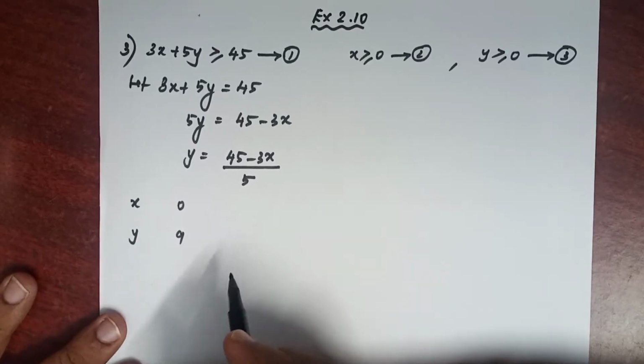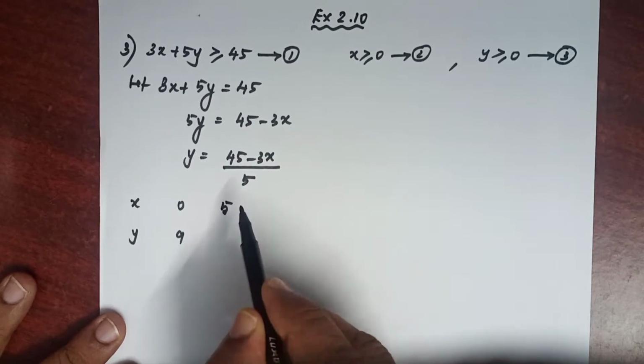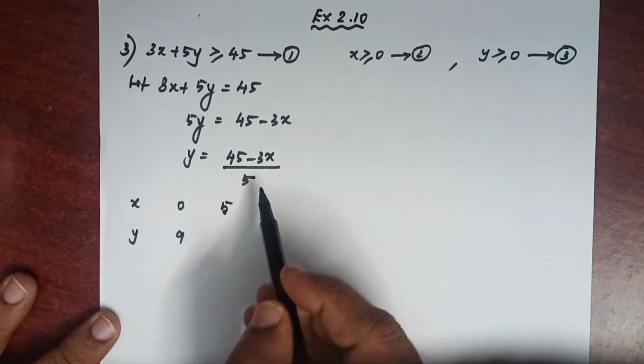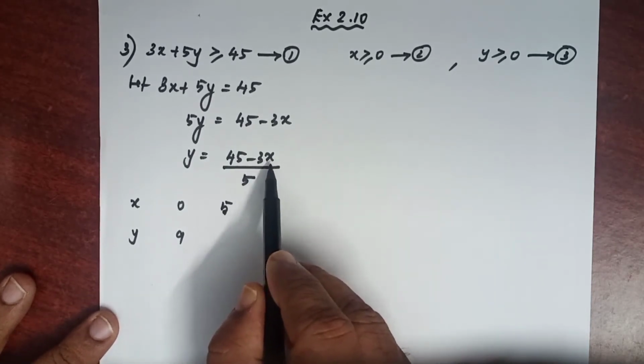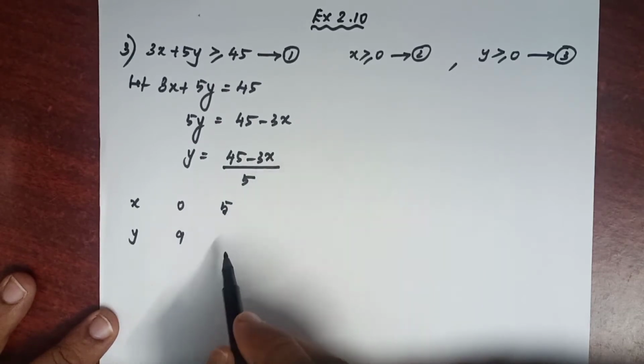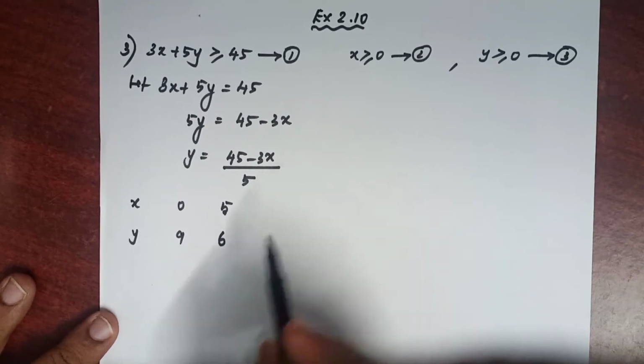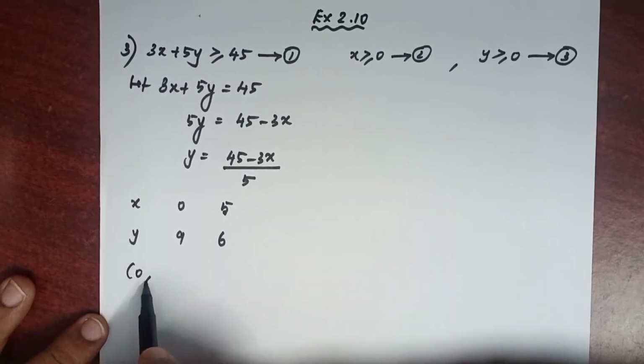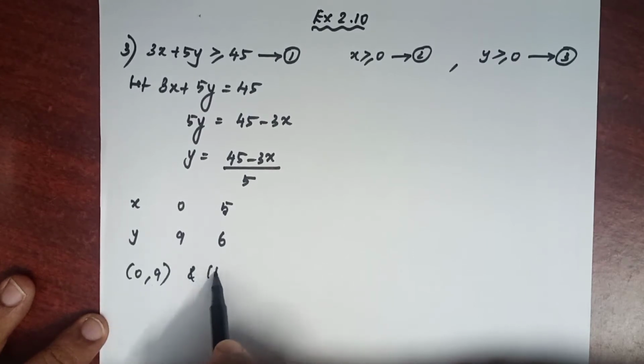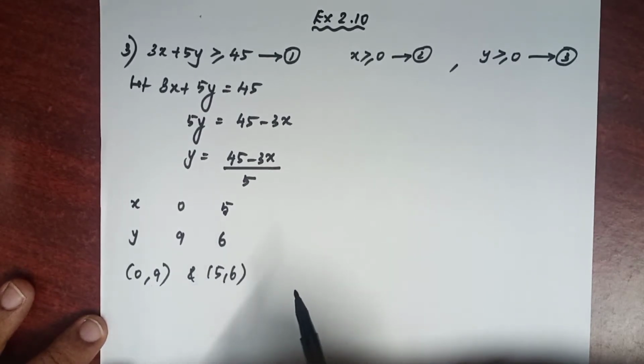Now I take x equal to 5. If we replace x by 5, 3 5s are 15. 45 minus 15 is 30. 30 by 5 is 6. Now the points to be plotted are 0, 9 and 5, 6.